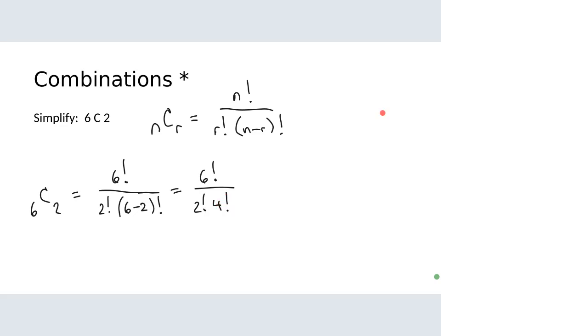I could cancel either one on the bottom, but that 4 is the bigger number, so that's what I'm going to get rid of, and I'll have 6, 5, 4, 3, 2, 1. That's going to cancel with this. The other one, I'm just going to write out as 2 times 1. These will cancel, and it looks like I've got 30 over 2, which is 15. If you're comfortable using the nCr button, that's totally fine. Any questions on this before I have you try one more combination problem?